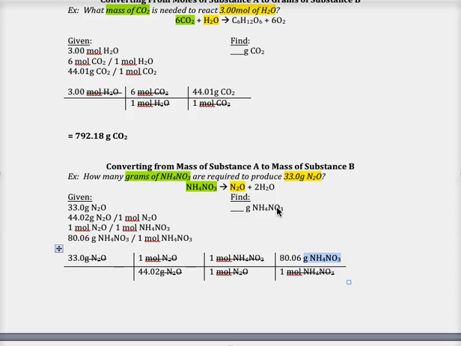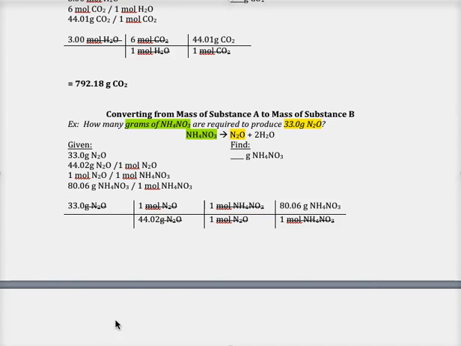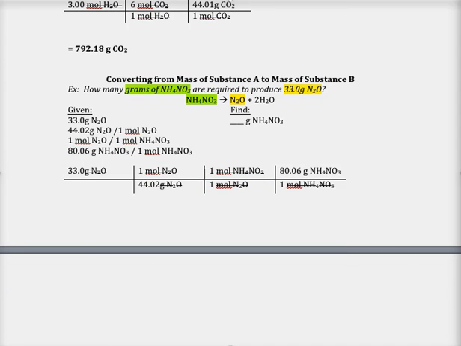So we know we set it up correctly, and now it's just a matter of multiplying through. 33 times 1 times 1 times 80.06, divided by 44.02, divided by 1, divided by 1. I punch this into my calculator and I come up with 60.02 grams. In other words, it requires 60.02 grams of this compound to get 33 grams of what I want.